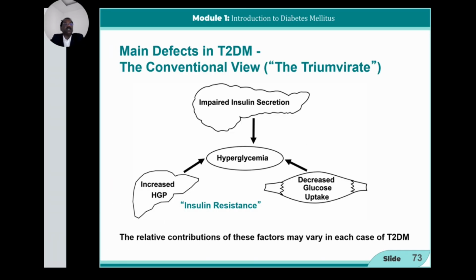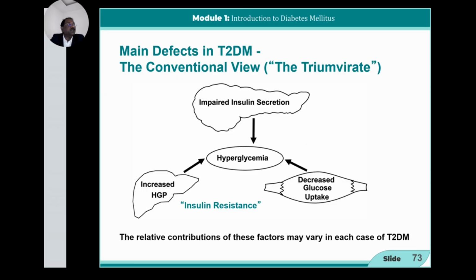So the main defects of type 2 diabetes. These are the 3 causes of hyperglycemia. One is impaired insulin secretion. See the diagram: the pancreas, head of the pancreas, body of the pancreas and tail of the pancreas. And what is this diagram here? Liver. That is increased hepatic glucose production. And what is the last?